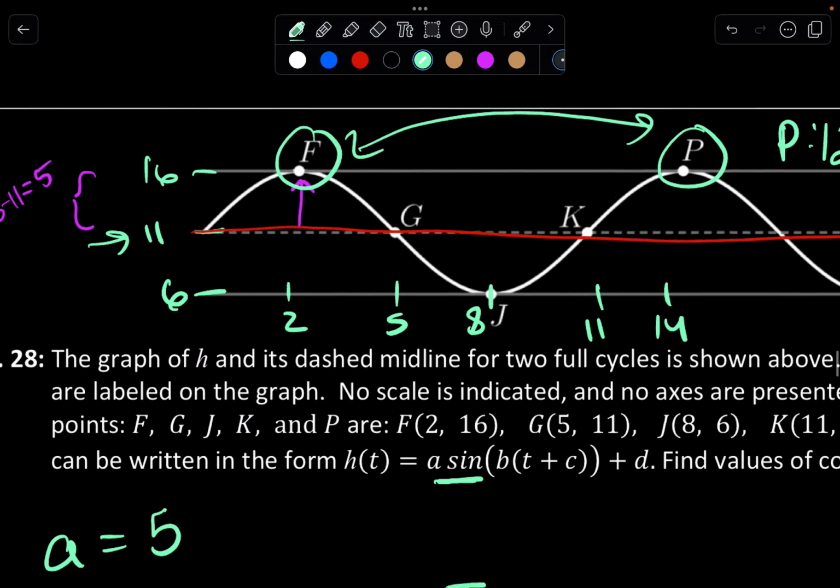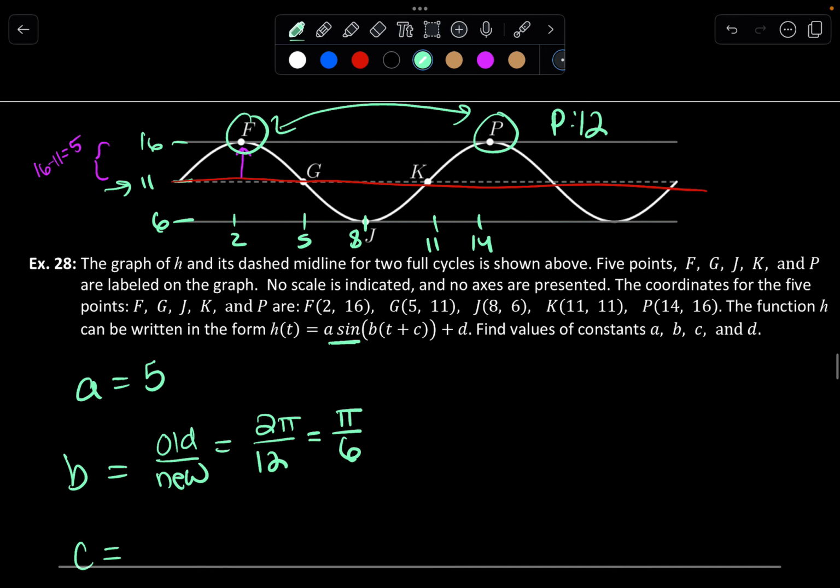For C, so your phase shift, there's an infinite number of solutions for these, okay? But my suggestion is to use a point that was given to you, because then you're not raising the chances of algebraic manipulation errors and so forth, okay? So for positive sine, if you think about your sine function, I want to know when does this increase through the midline?